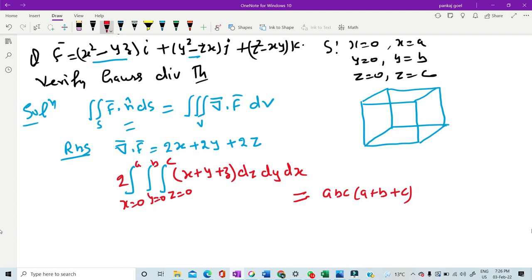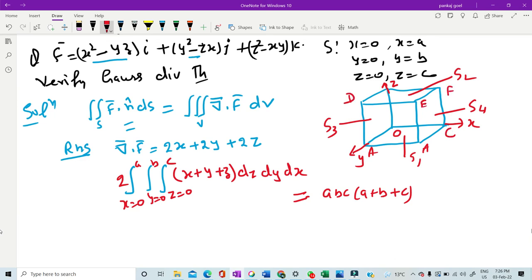For the surface integration, we will find the 6 integrations and then we can verify this theorem. The 6 surfaces: let us suppose this is S1, this one is S2, this is the x-axis, this is the y-axis, and this is the z-axis. This surface is S3, this one is S4, this is the origin O, and the vertices A, B, C, D, E, F, G. You can solve this one.